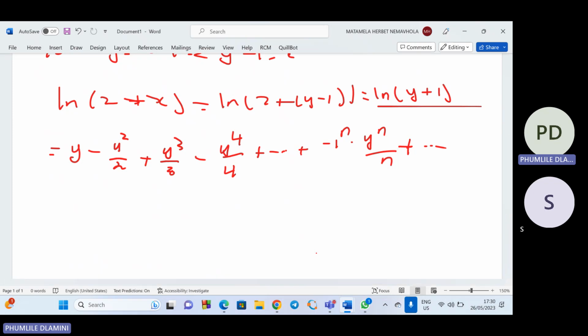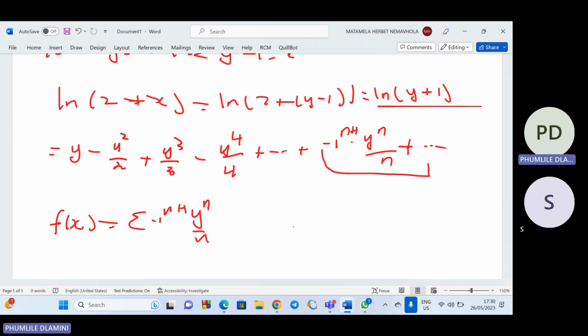So when we convert what we have into sigma notation, we have already shown that the last term that we have is negative 1 to the power n times y to the power n over n. So in other words, we can write our function as f of x equals the sum of negative 1 to the power n plus 1 times y to the power n over n.